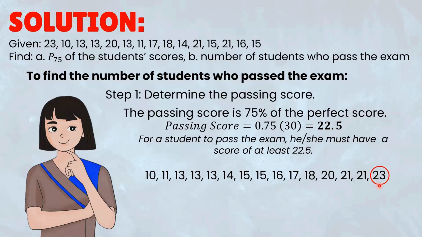Given the scores, this implies that the exam is very difficult because among the students who took the exam, only one student passed. So that ends our solution for problem number 3.